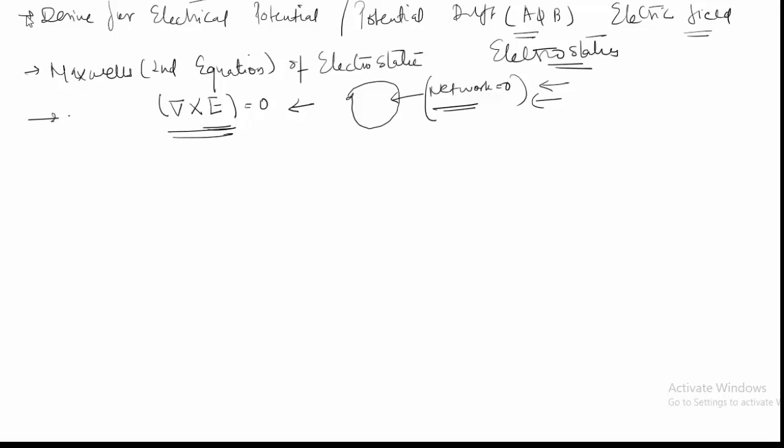So if you have an electric field distribution, which you can depict by the arrows, this is the electric field E, and you are moving from a point A to B in this electric field.